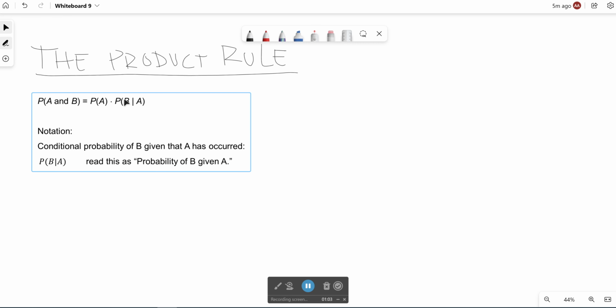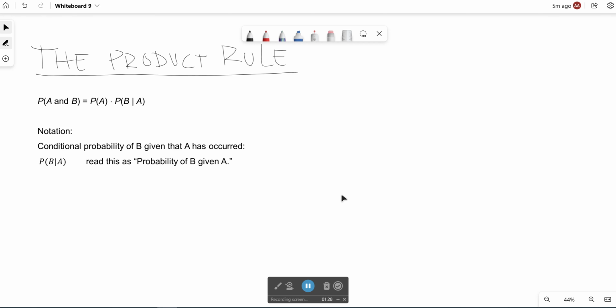P of B given A is what's called a conditional probability of B given that A has occurred. So we make sure to take into account the fact that the event A has occurred by the time we look at getting the probability that the event B occurs.